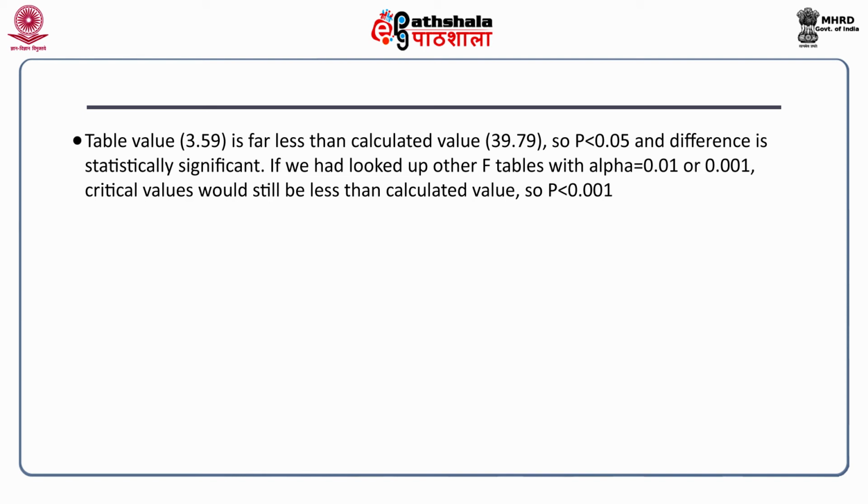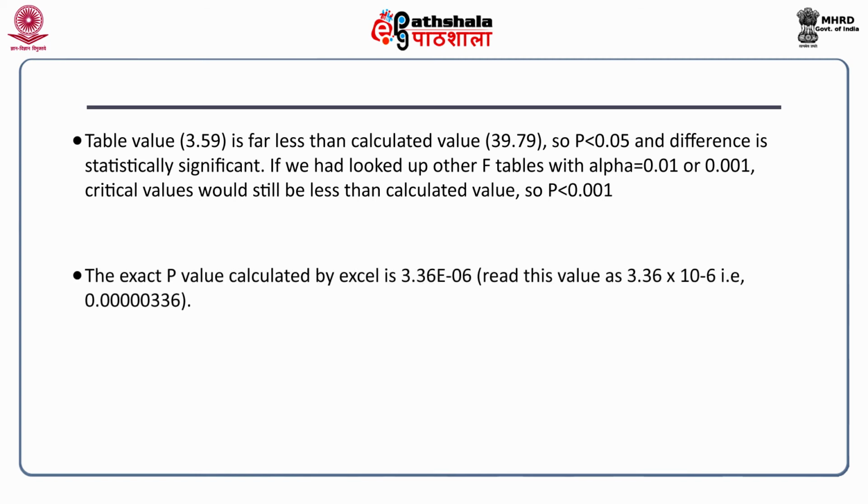If we had looked up other F tables with alpha 0.01 or 0.001, that is much lesser, to avoid false positives, as I already explained in the statistical test module, the critical values would still be less than the calculated value. So the p value must be less than 0.001.